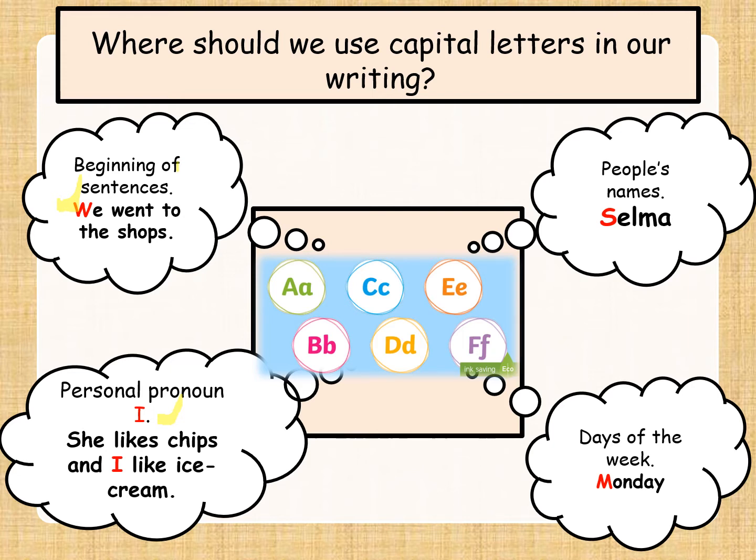For example, she likes chips and I like ice cream. People's names must have capital letters, like Selma, and days of the week. And remember, in Year 1, you also need to be able to spell the days of the week correctly, so you can practice writing down each day to help you with your spelling.